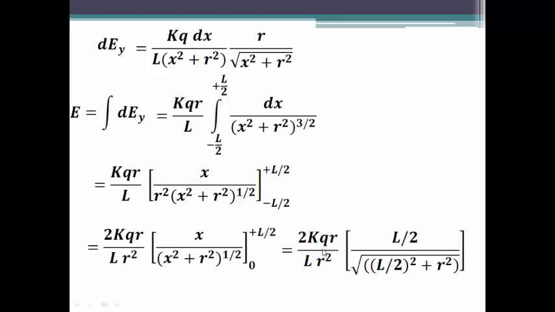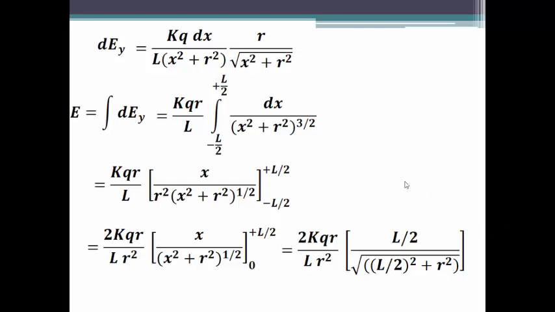So, applying the limits, we get 2kqr the whole upon L into r square. Here instead of x, we substitute L by 2 the whole upon square root of, again instead of x, L by 2. So, L by 2 square plus r square minus 0, you don't need to write.